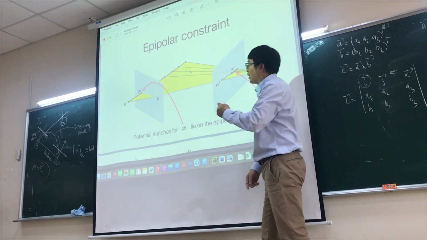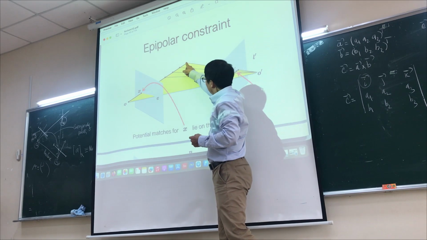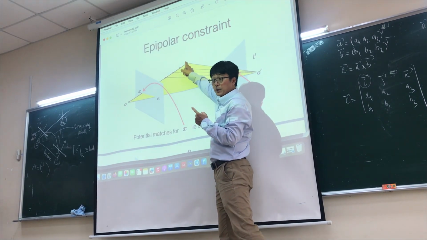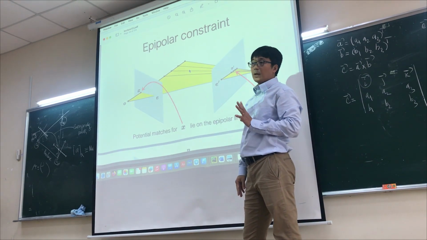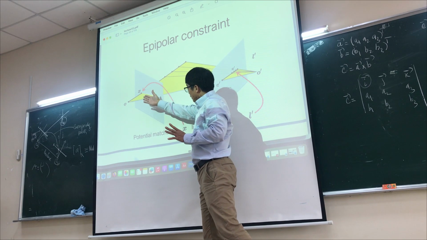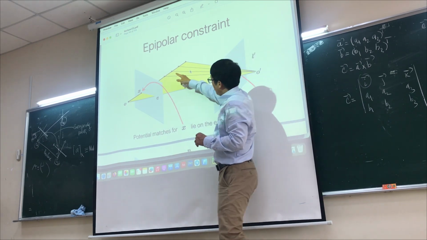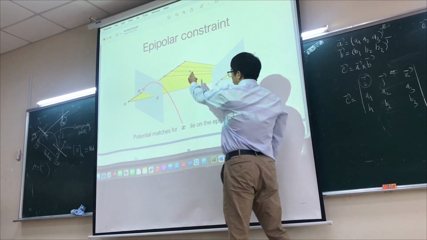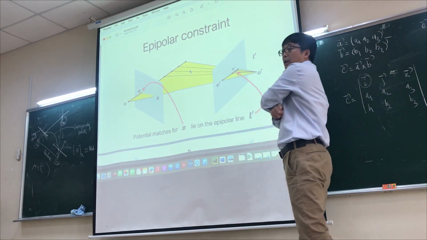But only one line corresponds to capturing the same point in 3D, only one. That is the constraint. If you fit one line on this side, you can see a lot of points like that, but only one is correct, only here. Okay?